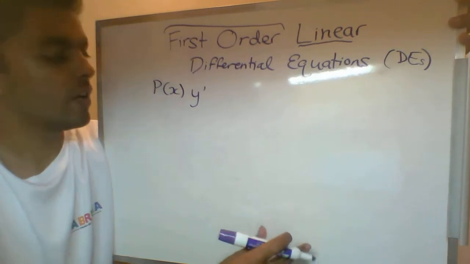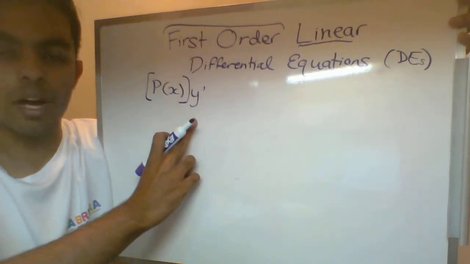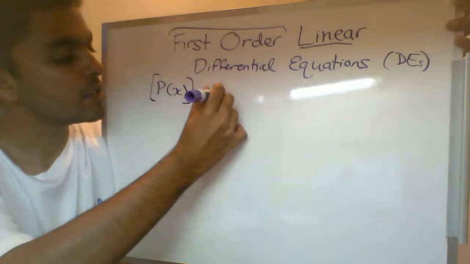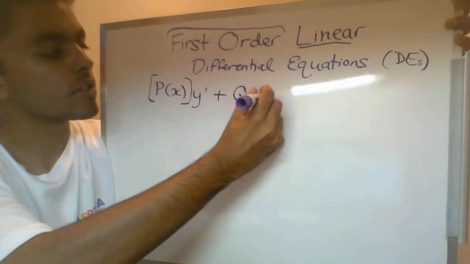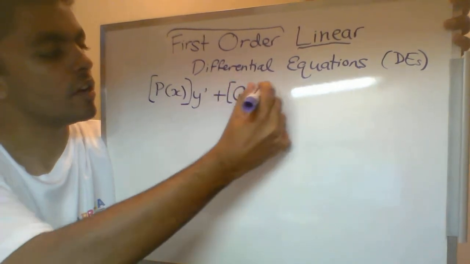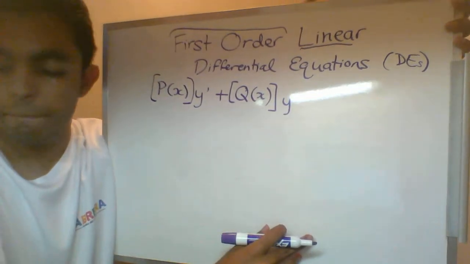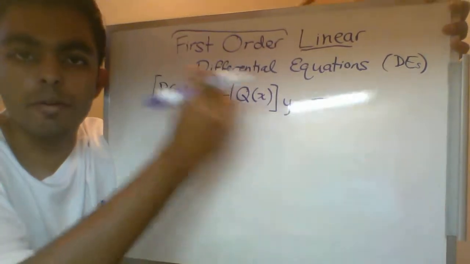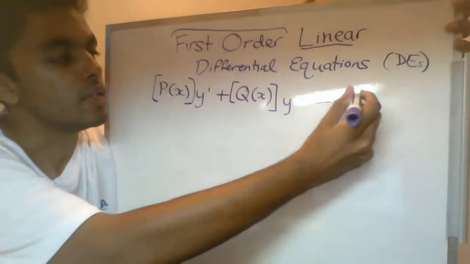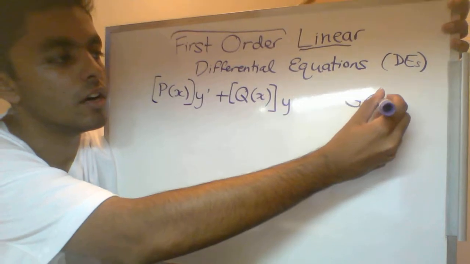So that's p of x multiplied by y prime, plus q of x, a separate function of x, times y, is equal to, I don't know why they didn't keep going p, q, r, but they decided not to, g of x.